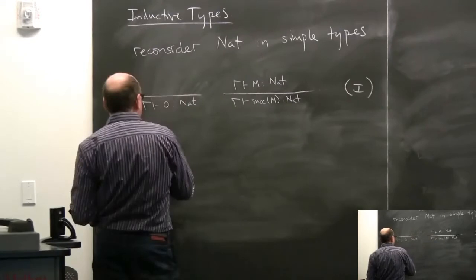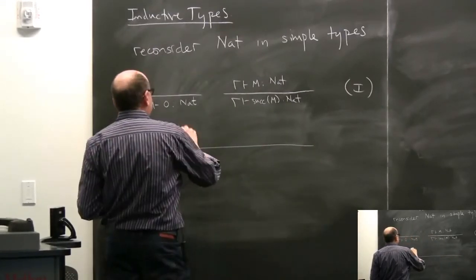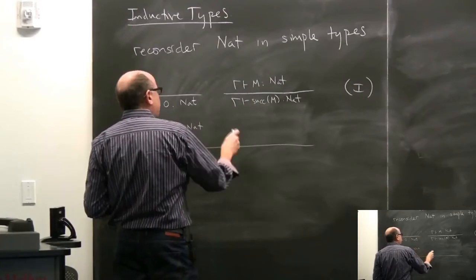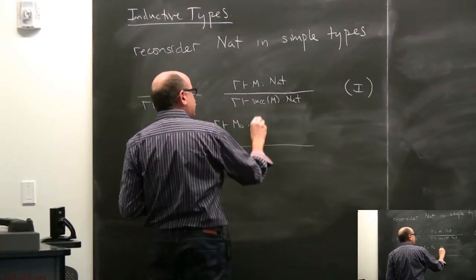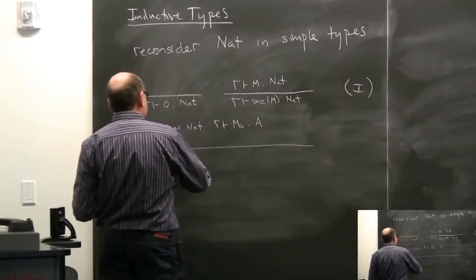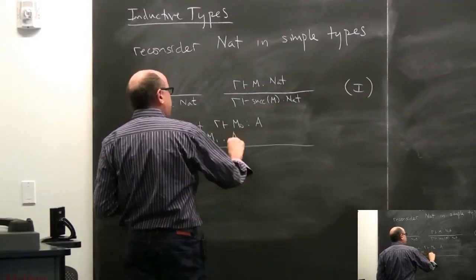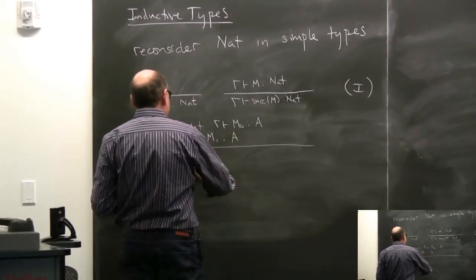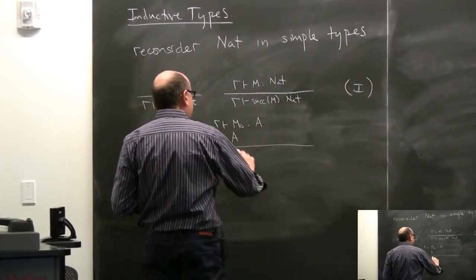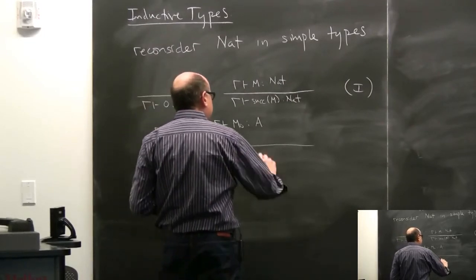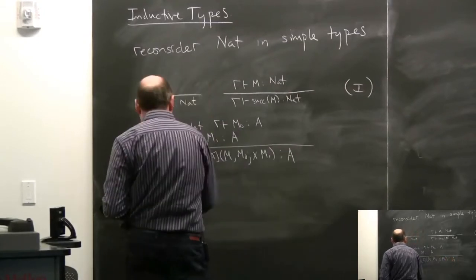And then the elimination rule was the recursor. We said if M is a nat, and I think I might have called it M naught is in A, let's call it, and assuming X is in A, M1 is in A, then the recursor at A of M, M naught, X, M1 is in A, and it had some definitional equivalences.